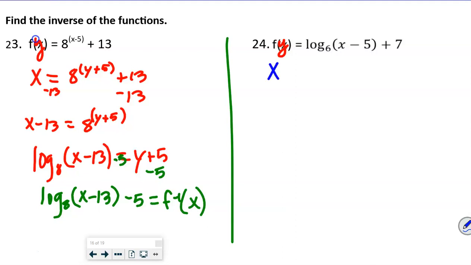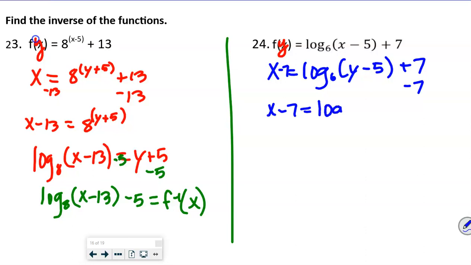This one over here, again, we're swapping the x and the y. And you guys should remember, if it started out as an exponent, its inverse is going to be a log. And if it started out as a log, its inverse is going to be an exponent, okay? So we're going to subtract the 7 from both sides. So we get x minus 7 equals log base 6 of y minus 5.